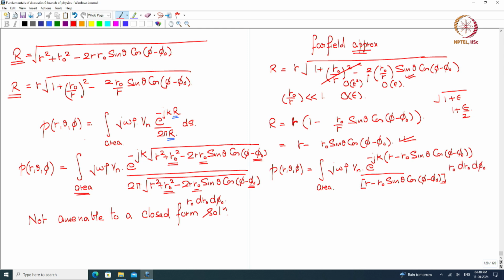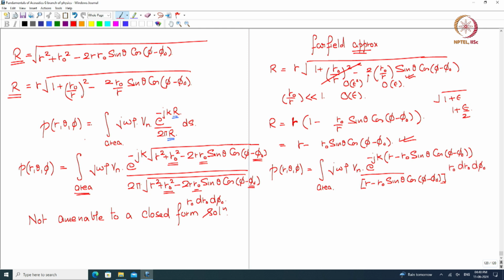So this is a nonlinear term. Because it is a nonlinear term, we cannot drop r0 etc. in comparison to r. We cannot easily drop this term in comparison to r because this is a nonlinear operator.